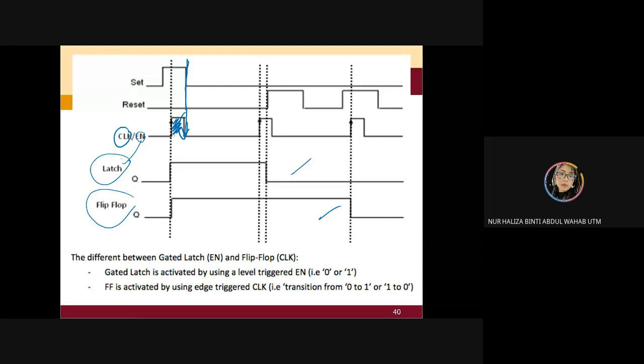So no need to look at all of this, because you just look at the single line. This one is positive. If negative, at this part only. Look at the value at the certain line only. Okay, any question? So you can see now the differentiation between latch and flip-flop.